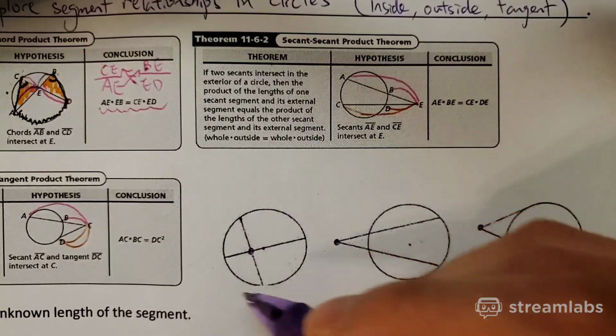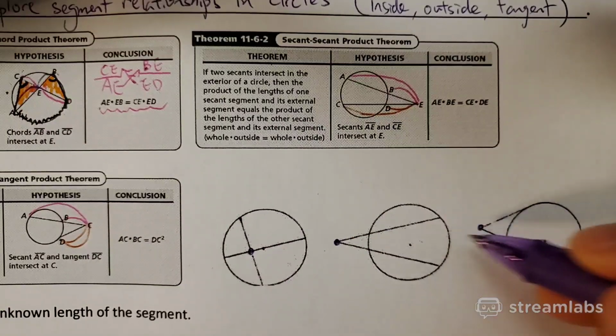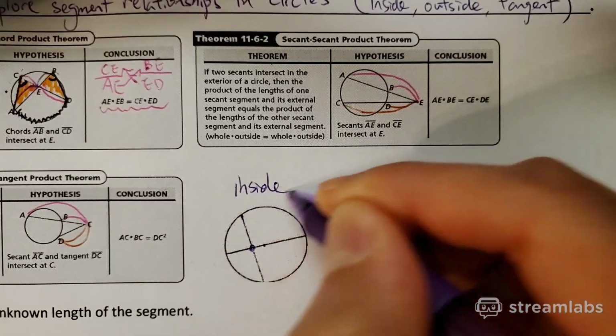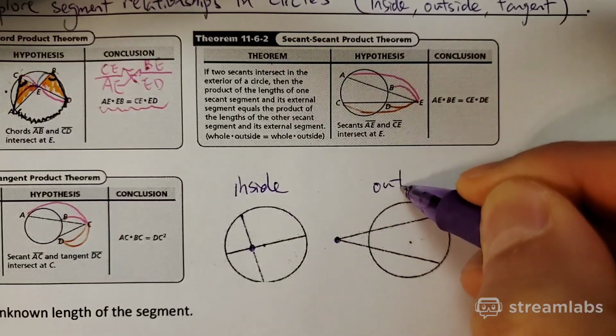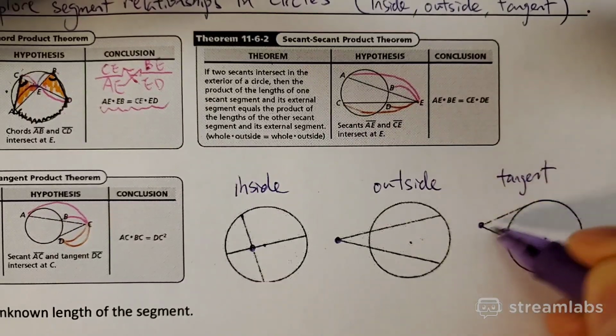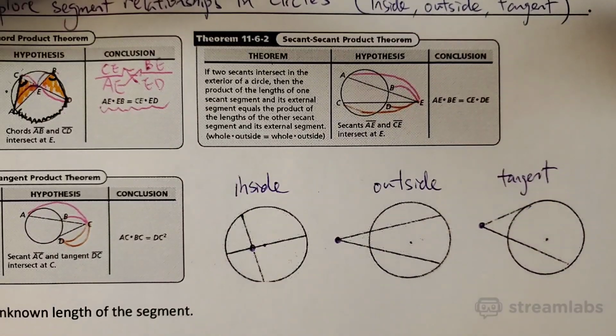This one is inside, and this one is outside. This one is tangent, because one of the lines is a tangent line, but it is still outside. So let me tell you how I remember it, so that when you do it, it makes sense to you to do the same.